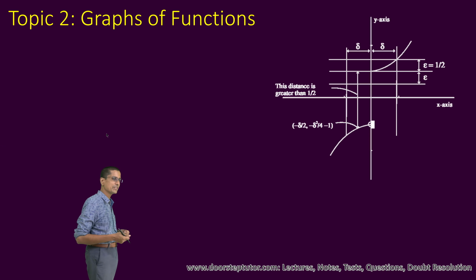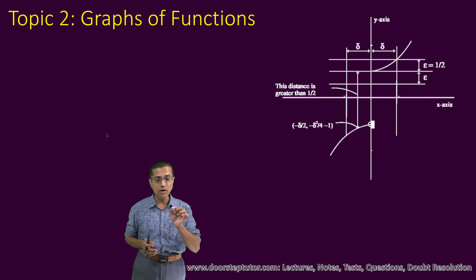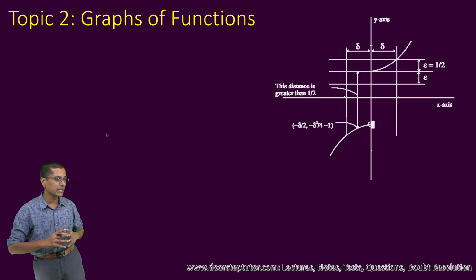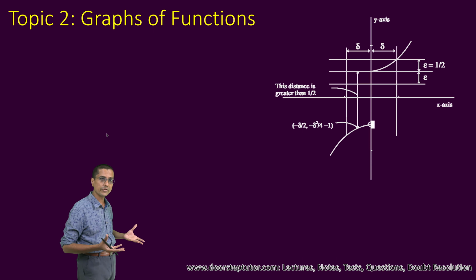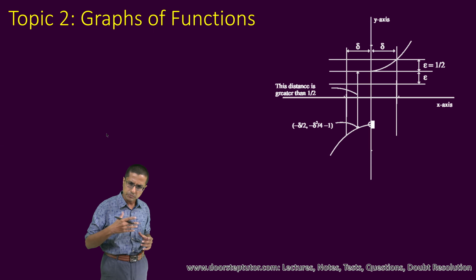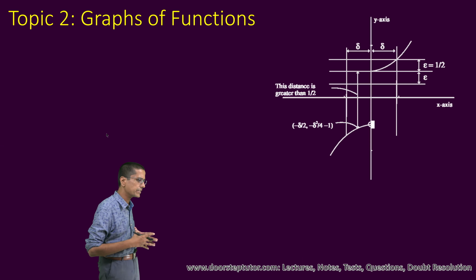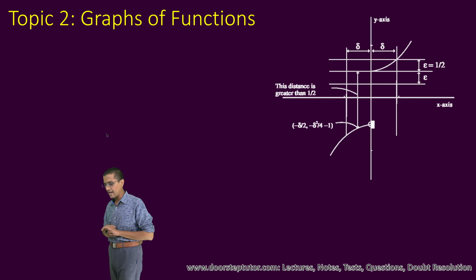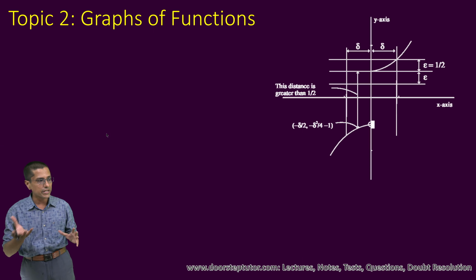The next topic: one of the things you should remember about BITSAT is that it is very visual. So the questions typically are asked on graphs. Those kind of questions are very commonly asked. In the same line, you would be given a function and asked what are the maxima and the minima.